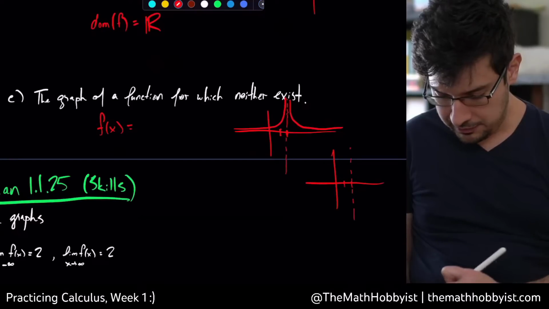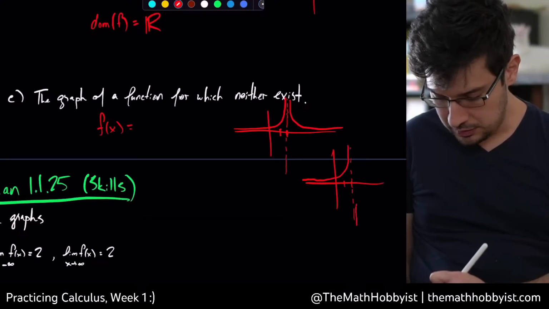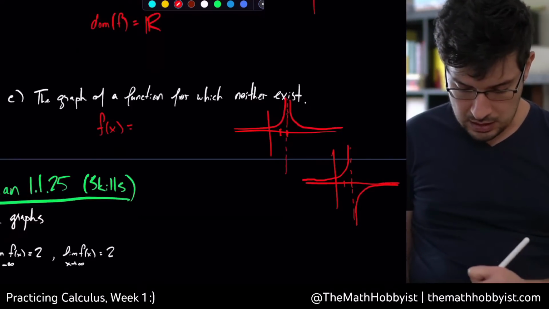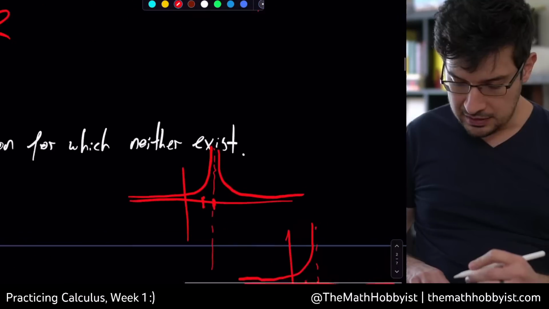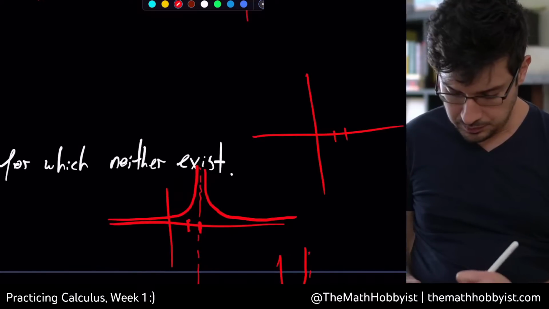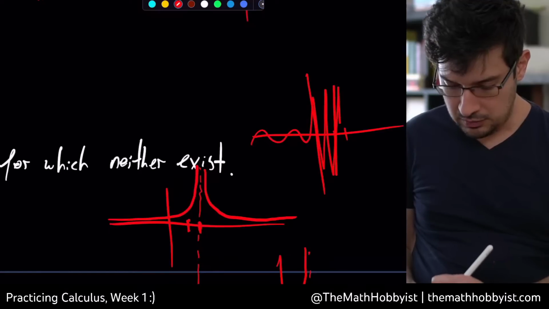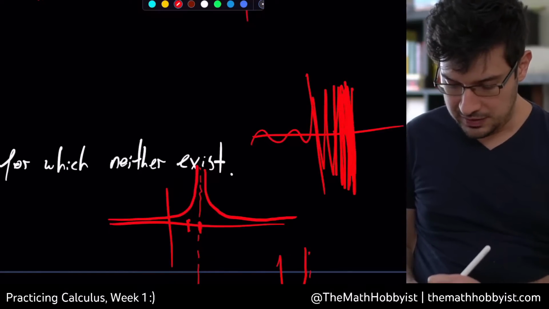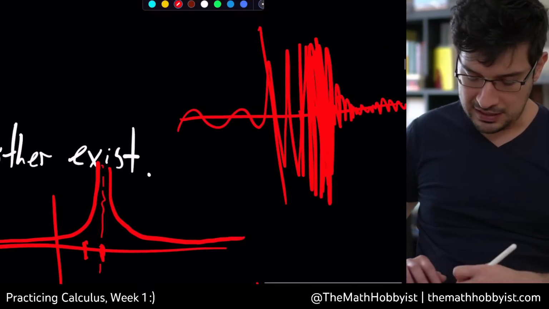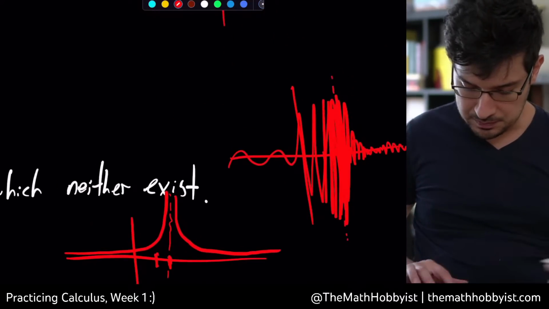Here's another graph. Basically the same, but not using the absolute value. And then another interesting graph is something like a sinusoidal thing that really just starts, it blows up, it keeps oscillating up and down at x equals 2.